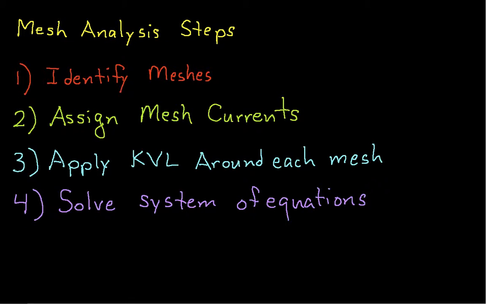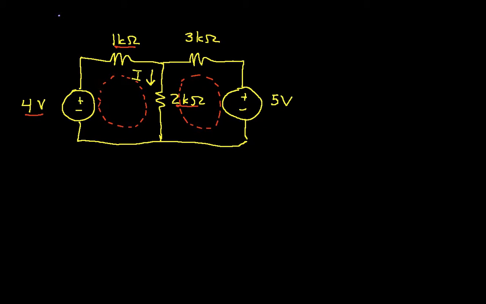The next step is to assign mesh currents. The idea here is we will assign currents that flow around each mesh. In some cases, these are not the actual currents flowing through the components, but they're part of the current that flows through a component. So if we go back to our circuit, we'll assign 2 mesh currents.